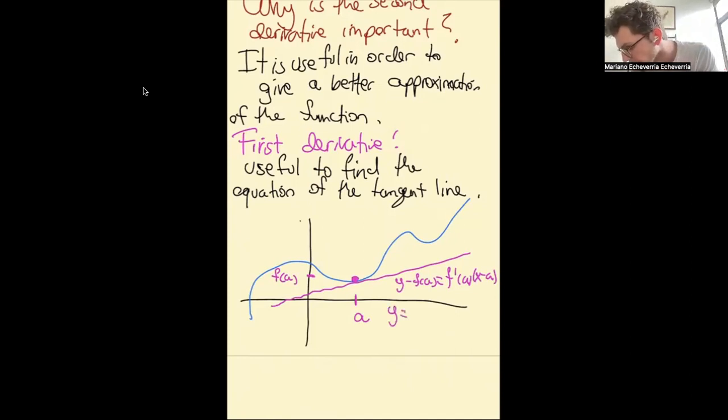Or if you prefer, you can write it as y equals f of A plus f prime of A times x minus A. Is that okay? Any questions up to this point? So that's how we found the equation of the tangent line.